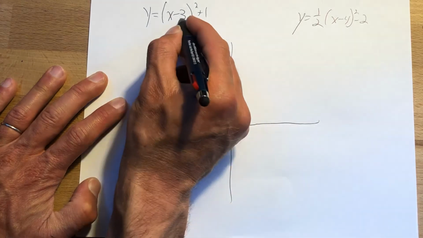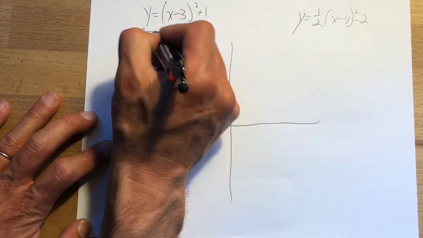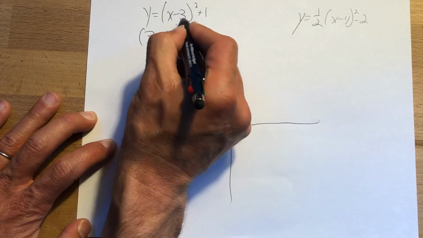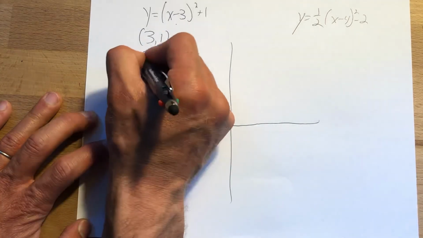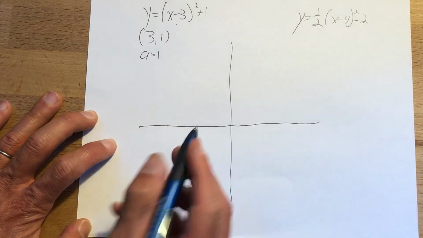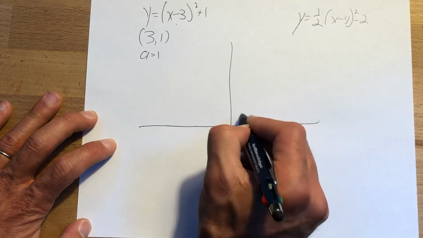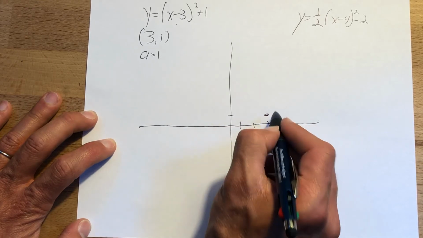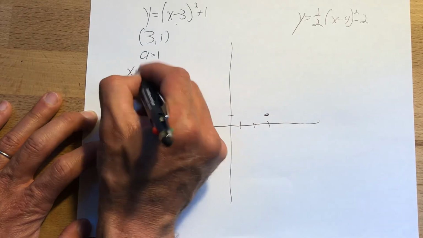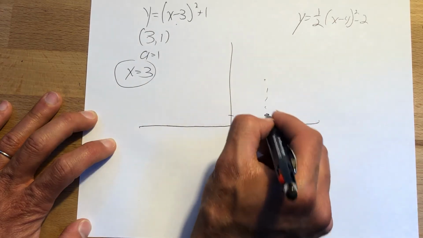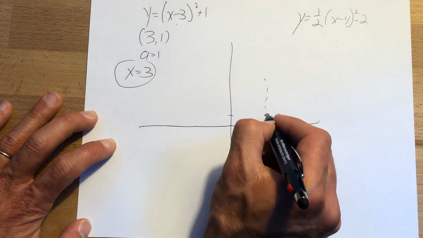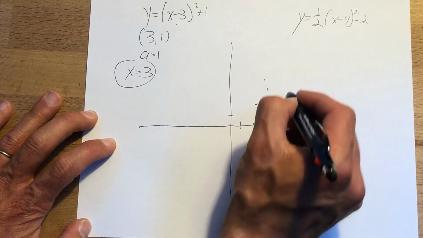So your vertex here is, it's the opposite, 3, 1. It's the opposite of this number. And your shape is 1. So 3, 1. Your axis of symmetry is your x number right here. And then you go up 1 over 1, up 1 over 1.